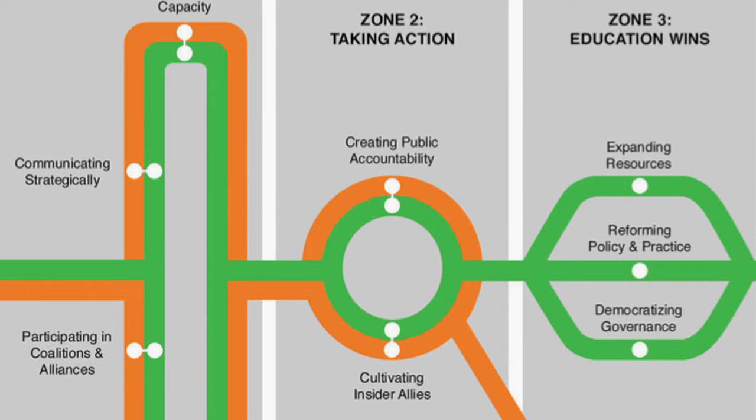Once an organization has created sufficient power, you move to the strategies in Zone 2, taking action. Here, groups engage in public actions that create public accountability, and often in parallel work to develop relationships with insiders, elected officials, who have some power to make decisions and bring about change in support of your goals.